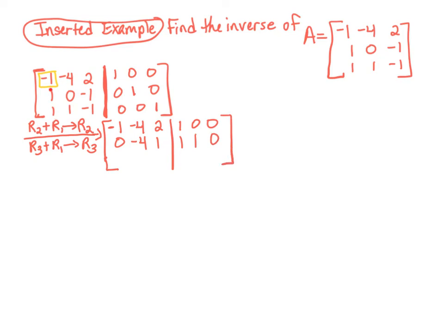Now row 3. Row 3, 1 plus -1? 0. 1 plus -4 is? -3. Good.